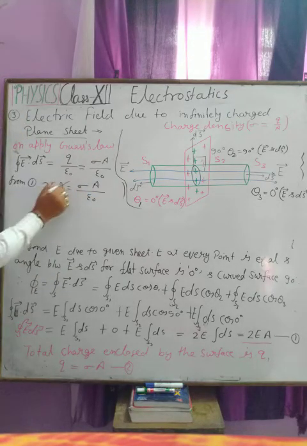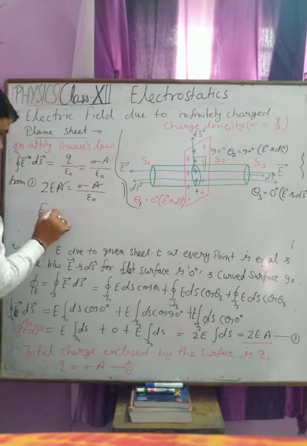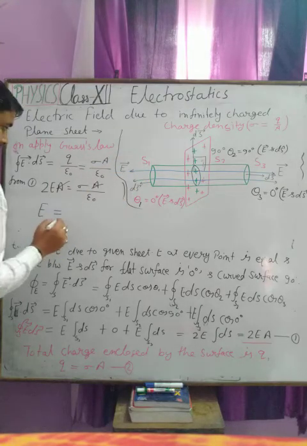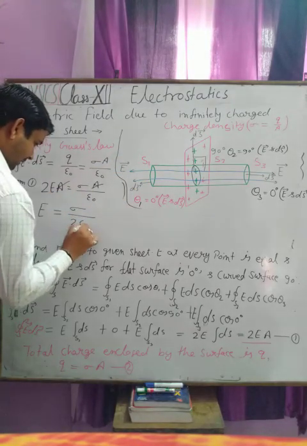Here this A cancels with this A because it is the same surface. So we get the electric field due to the infinitely charged plane sheet as sigma upon 2 epsilon naught.